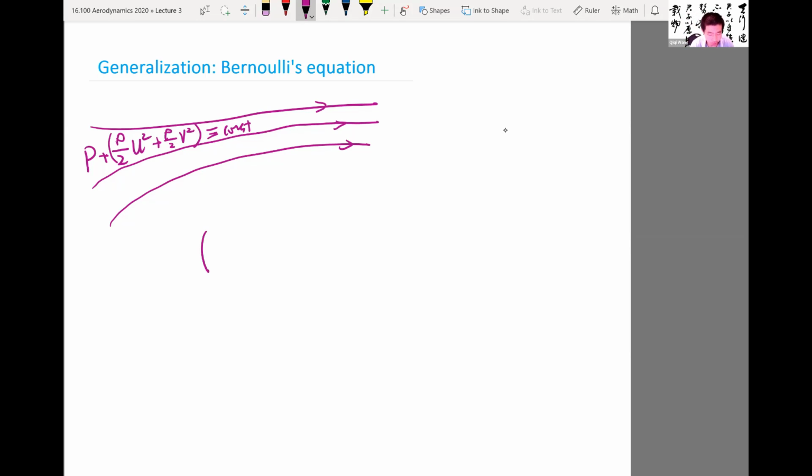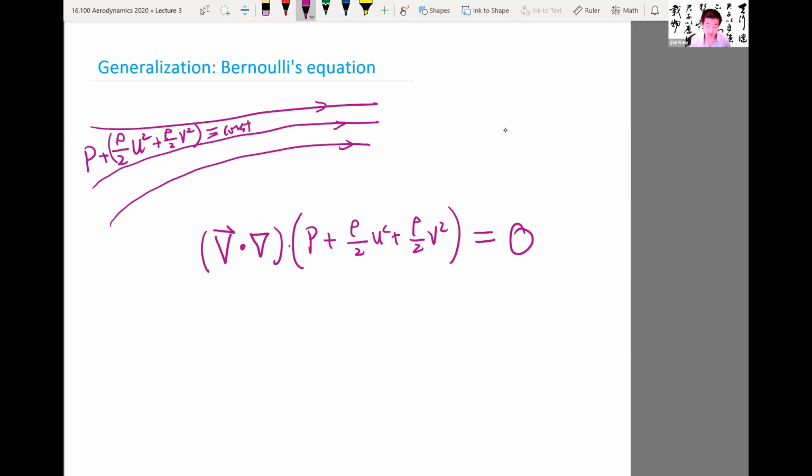So mathematically, how do you write it? It's the directional derivative of this whole thing, p plus half of rho u squared plus half of rho v squared, is equal to 0. If the directional derivative along the streamline is equal to 0, then that quantity is constant along the streamline.